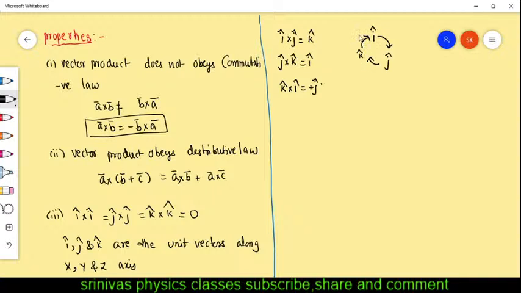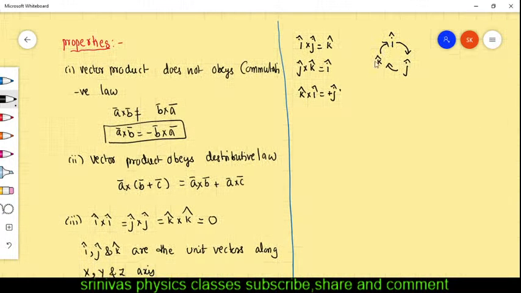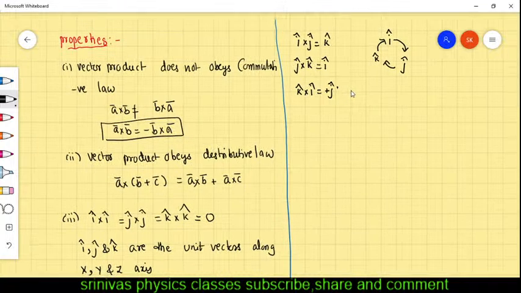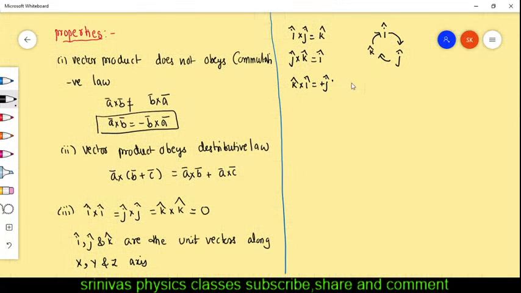K cap cross I cap gives the next vector J cap. So I cap cross J cap gives K cap, J cap cross K cap gives I cap, K cap cross I cap gives J cap.